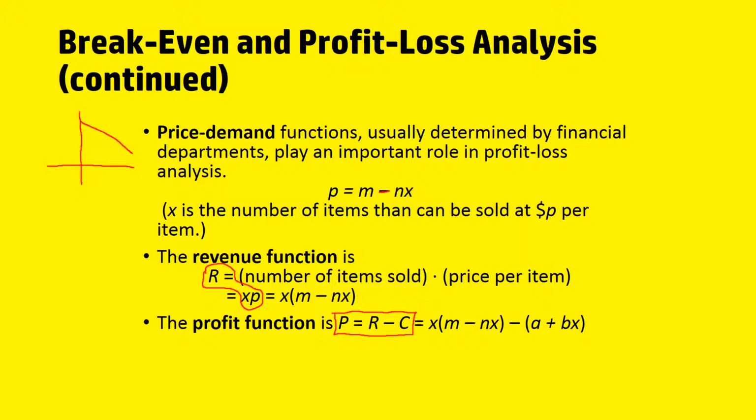Subtract from that cost a plus bx, because of course if you're going to graph cost C of x on number of items x, that's going to be an increasing function, because costs increase as production increases.